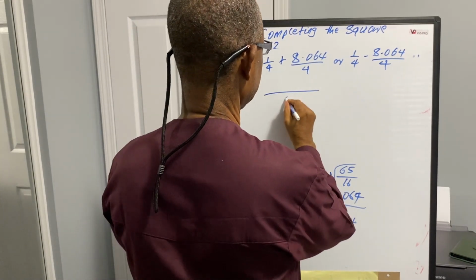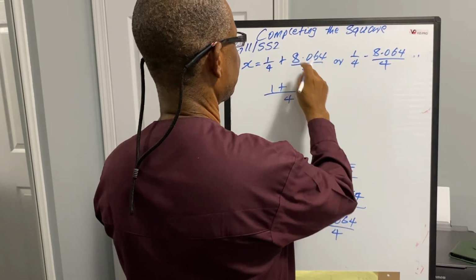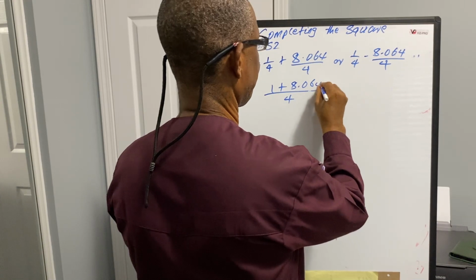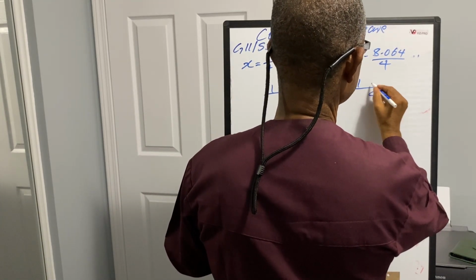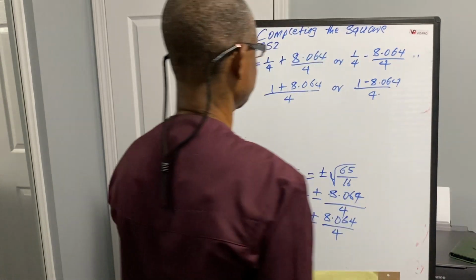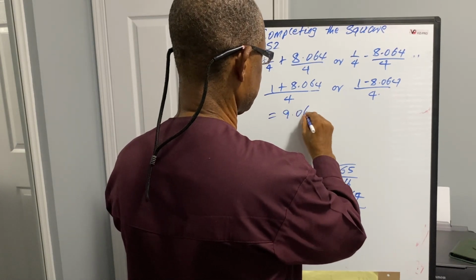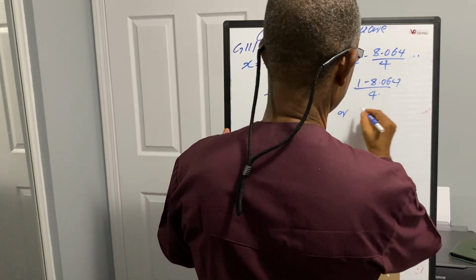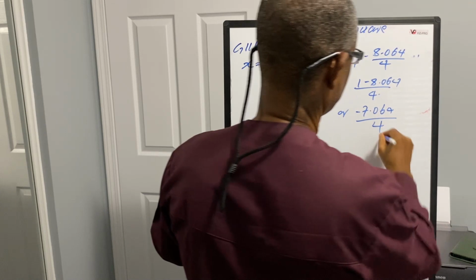LCM here is 4. 4 divided by 4, 1 times 1, 1. 4 divided by 4, 1 times 8.062 is the same 8.062. Or, same 1, but this time around minus 8.062. This will give us 9.062 over 4, or minus 7.062 over 4.